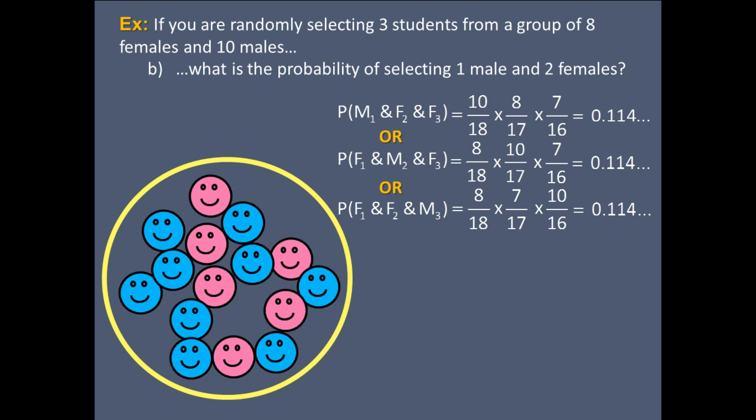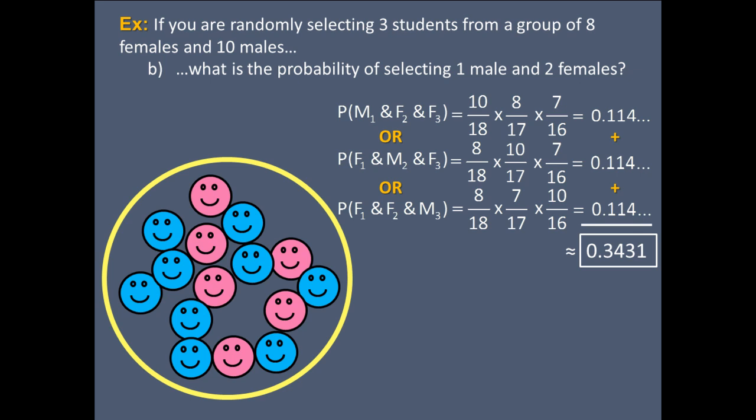So as long as we can calculate one way, and we know that it happens three different ways, we simply take the calculation from one of those ways and multiply it by 3. Anytime we have multiple different ways of getting to that same outcome, if you know there are 6 different ways you can get to that outcome, calculate one way to do it and then multiply that probability by 6.